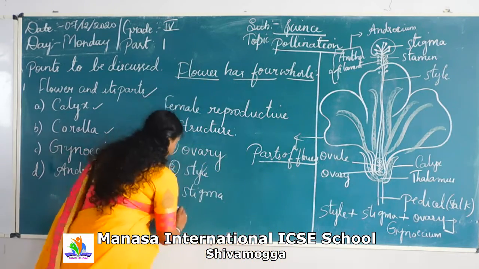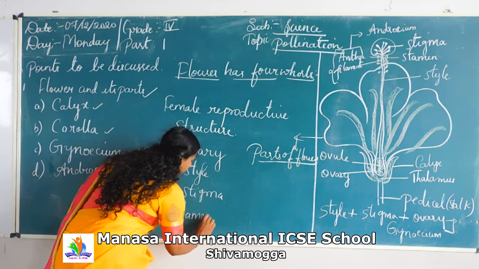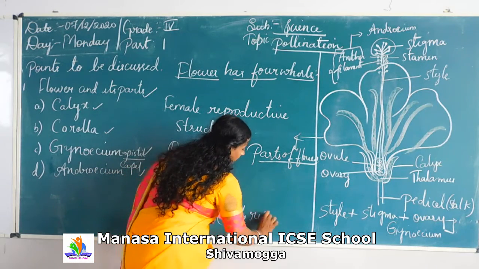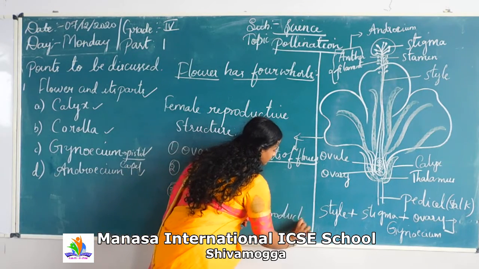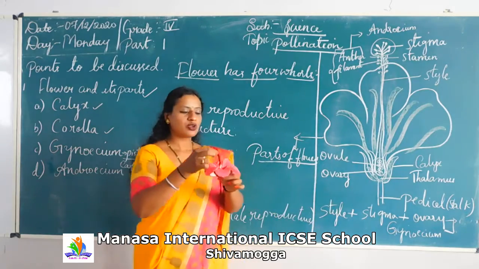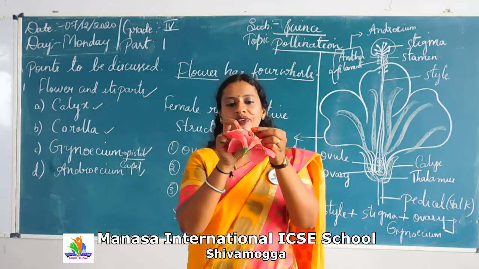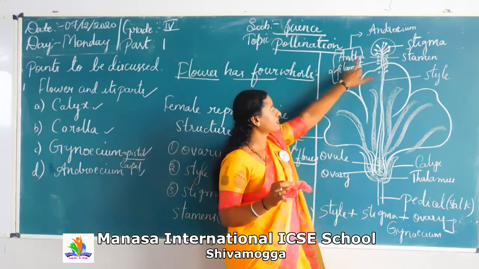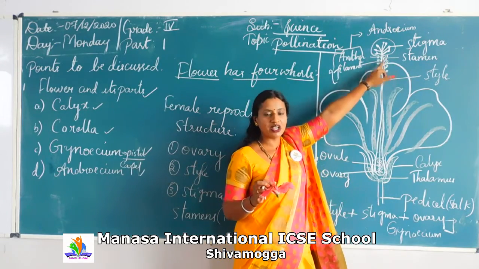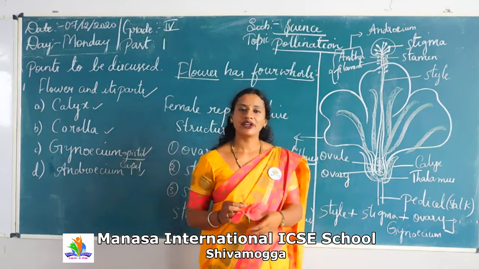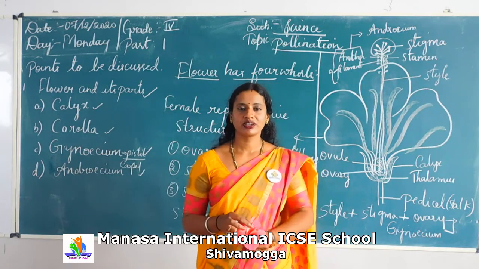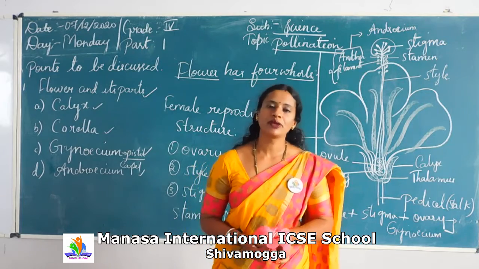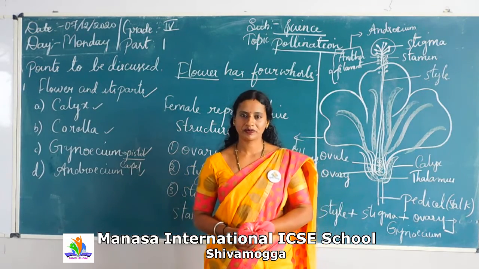Stamens are nothing but the male reproductive structures. We have a thin filament, you can see here, and the anther. Together they are called the androecium. Repeat it, androecium. The androecium is the male reproductive part in the flower.